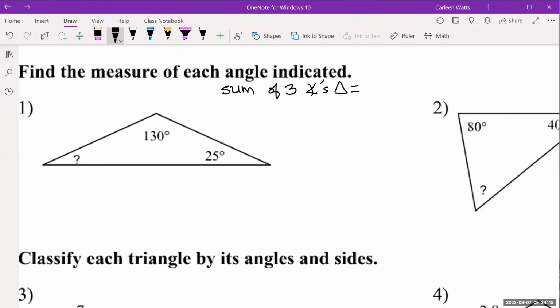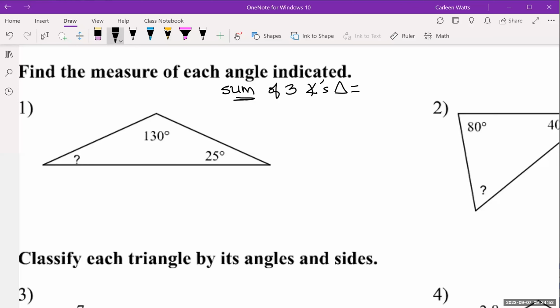First of all, what does the word sum mean? Sum means I'm going to do what with the 130 and the 25 and the missing one? What does sum mean? Add. Thank you.